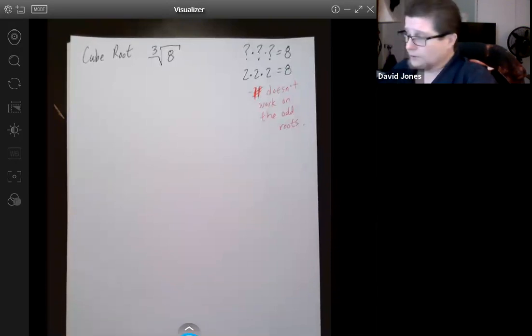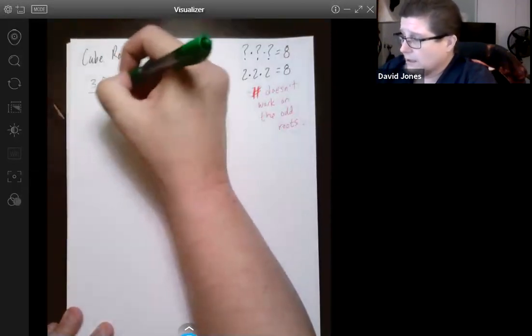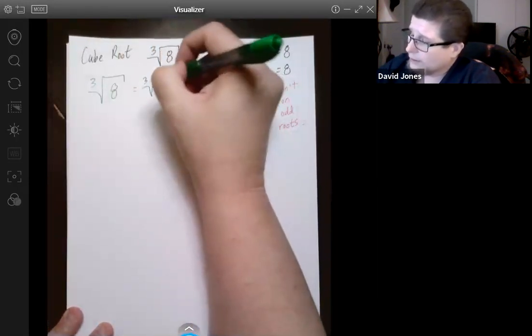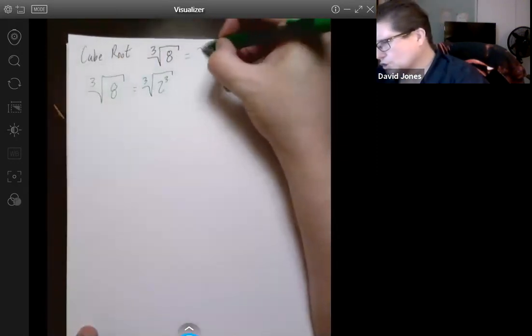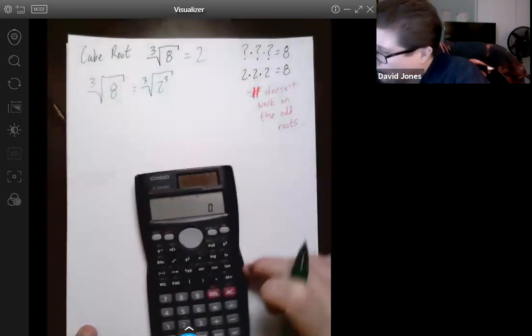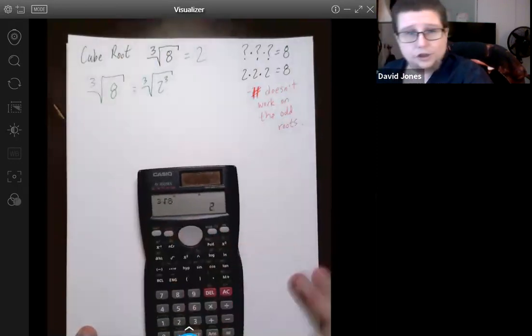So the cube root, I can rewrite this cube root of 8 as the cube root of 2 to the 3rd power. This equals 2. Cube root of 8, you can do it in the calculator and see that: shift, cube root, 8, 2.